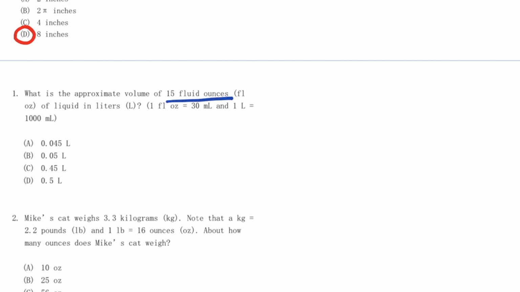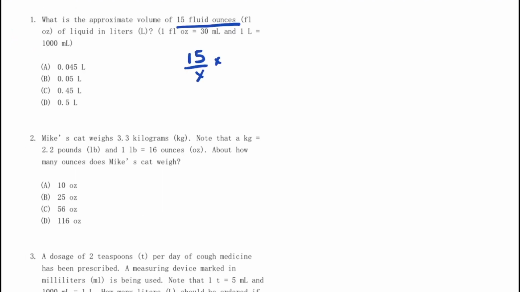So 15 fluid ounces. We're first going to convert that to milliliters. We're going to set this up how we want to solve it. We want to figure out how many liters 15 fluid ounces is.